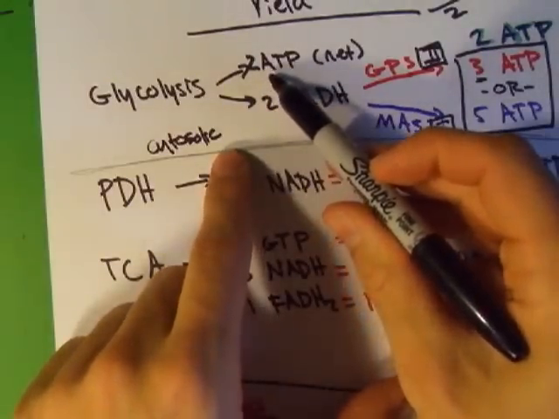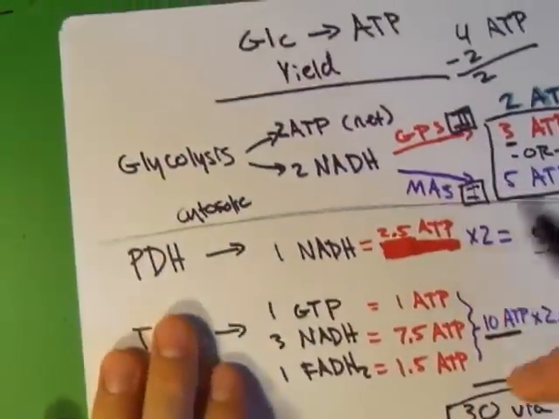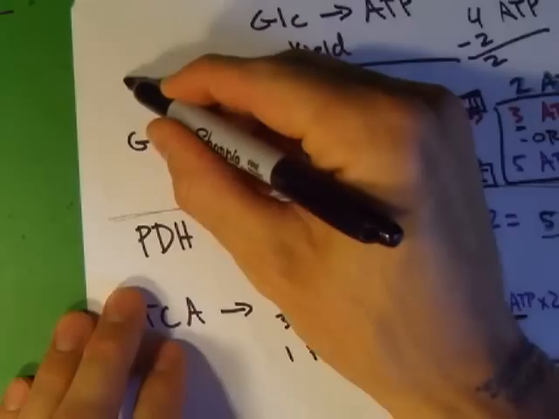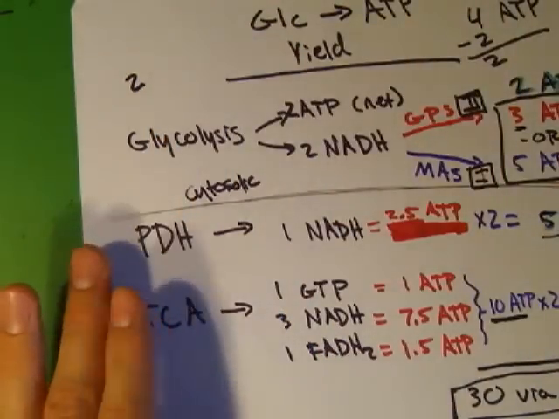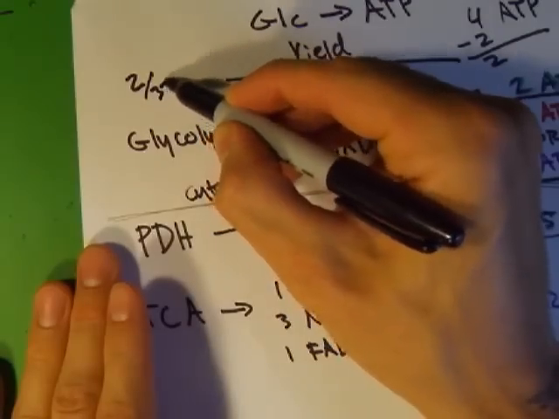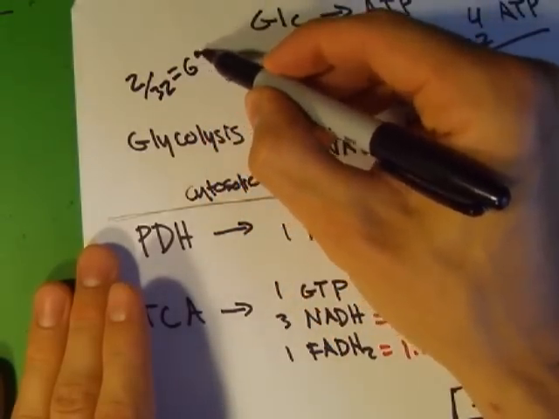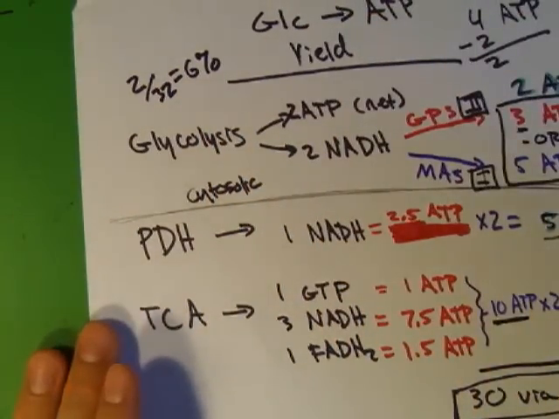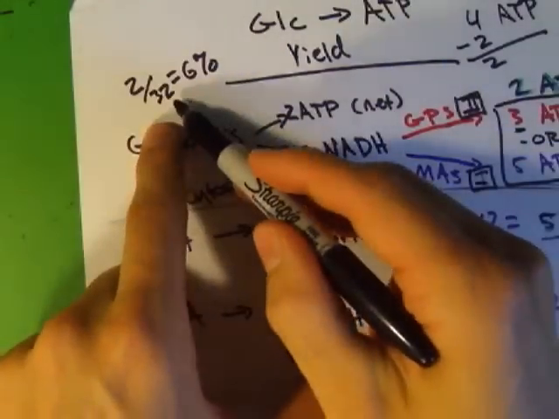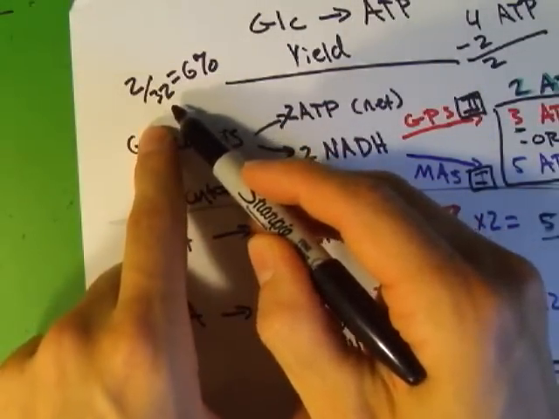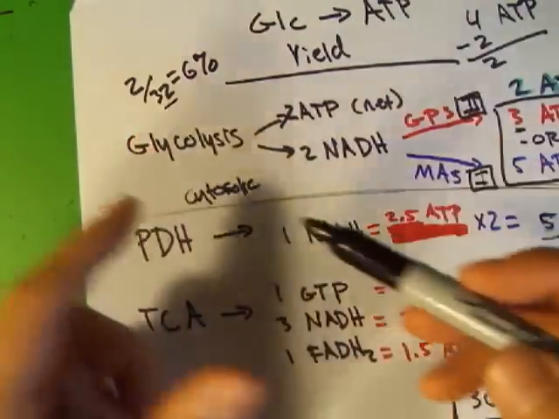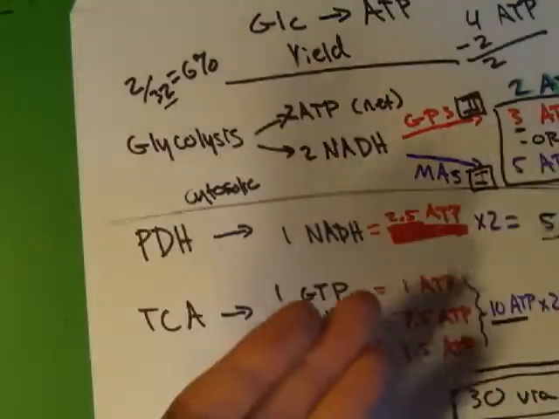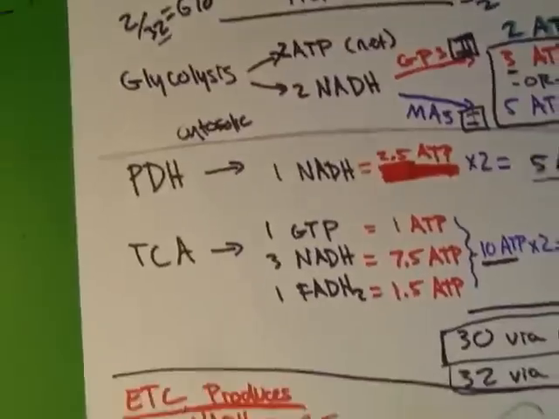So you have 2 cytosolic ATP out of the 32, so there might be a question that says that: how many cytosolic ATP are produced? So you do 2 divided by 32 equals about 6%. And he would have clarified using the MAS shuttle for that one to get the 32, or else it would be 2 divided by 30 for the GPS shuttle.